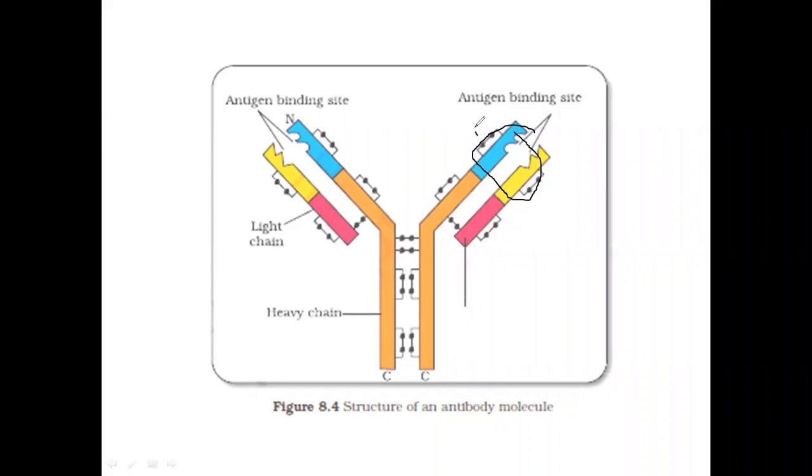इसे हम variable region कहते हैं, okay, VH means variable region of the heavy chain.